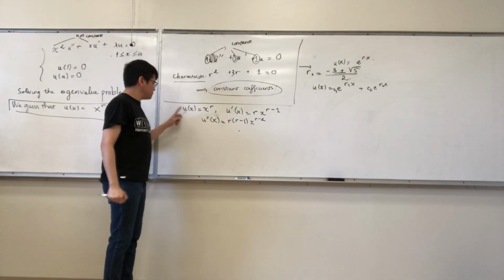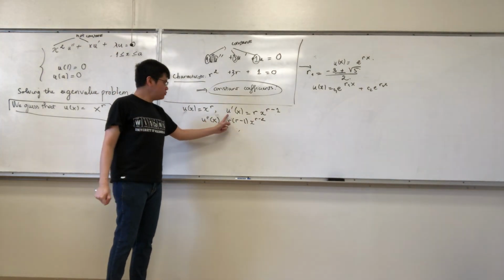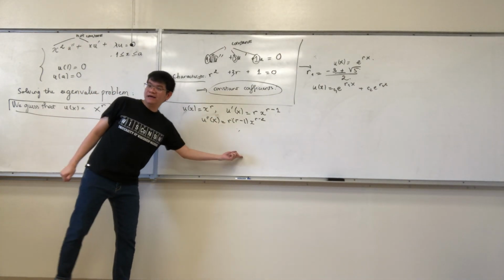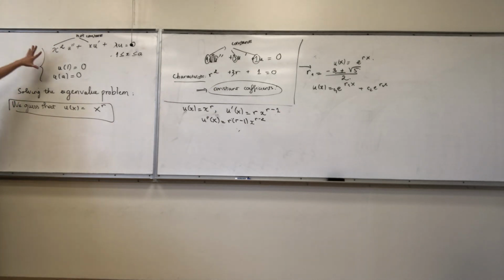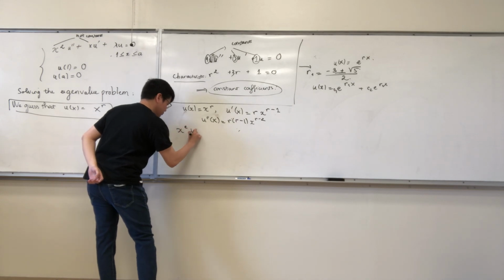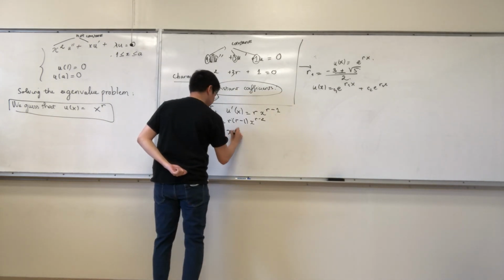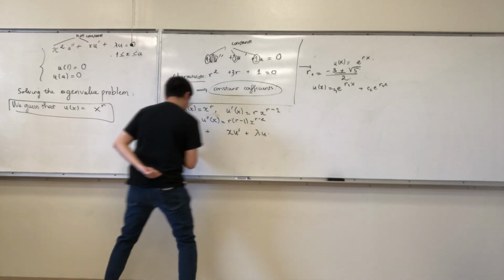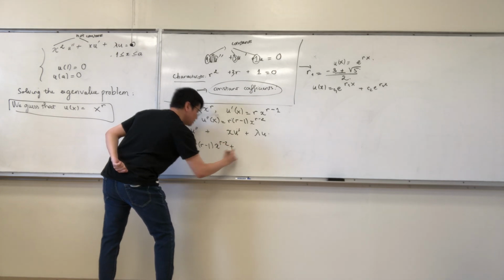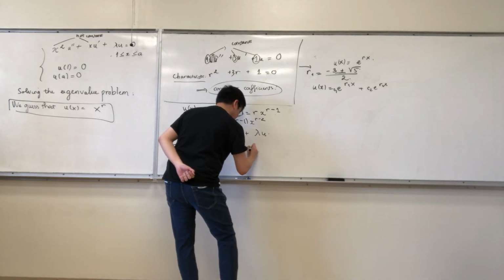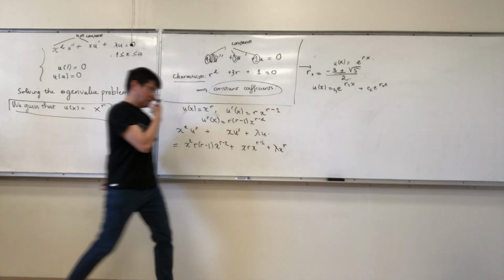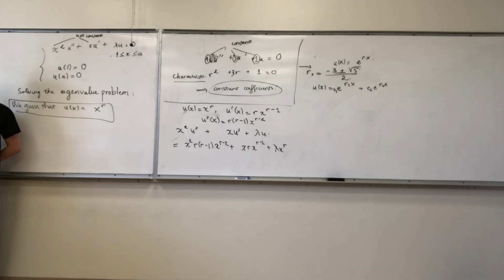So now I'm going to have u of x is x to the r, u prime of x is r x to the r minus 1, u second will be this one, right? And I'm going to plug everything back into this equation. I'm going to have x squared u second plus x u prime plus lambda u will be x squared r times r minus 1 x to the r minus 2 plus x r x to the r minus 1 plus lambda x to the r, all right?